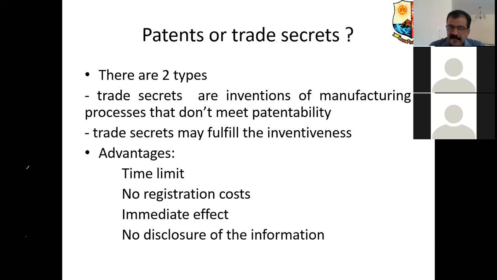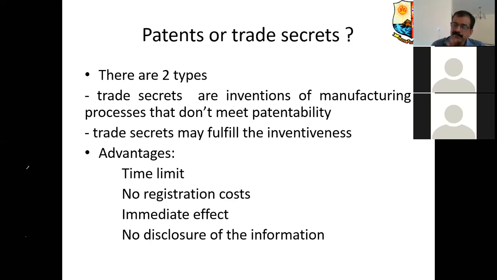The advantage is it doesn't have a time limit. Normally, a patent is for 20 years. No, a trade secret does not have a time limit. It doesn't have much registration cost, except some small fee. Nothing else is there. He can register it. It follows with immediate effect.